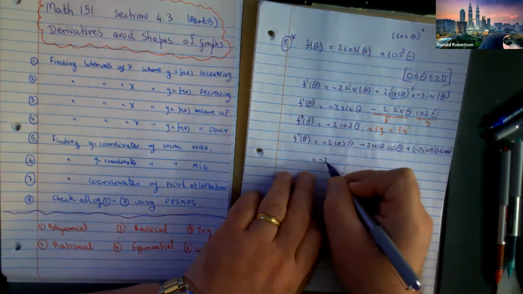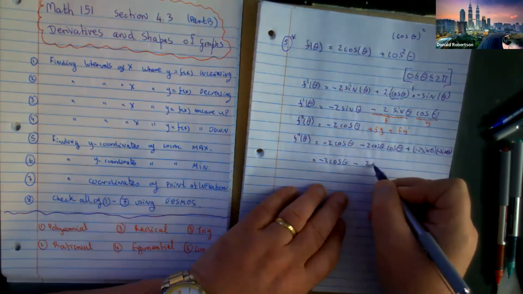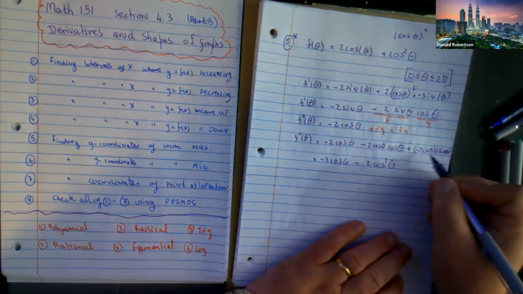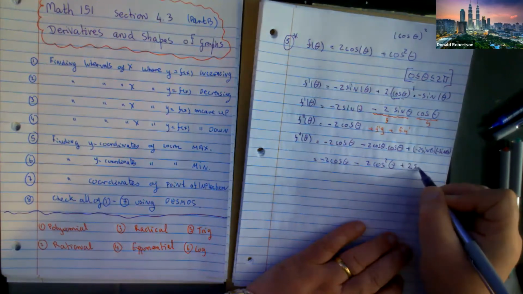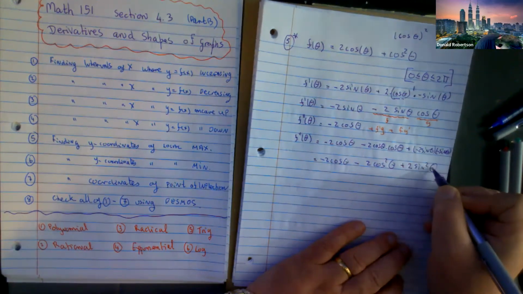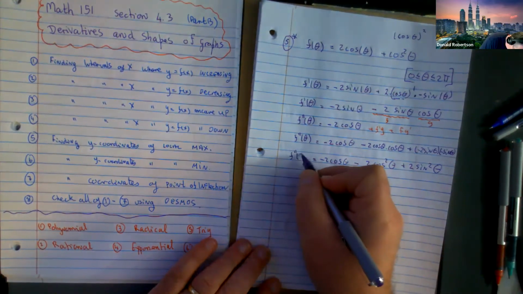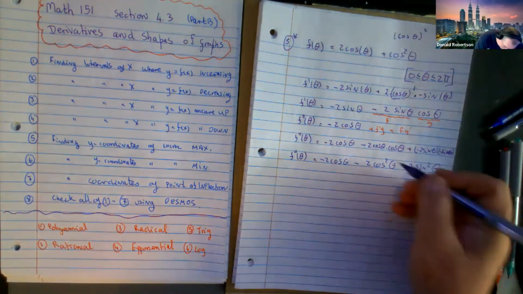So I have negative 2 cosine squared theta plus 2 sine squared theta. It's funny how coincidences work.